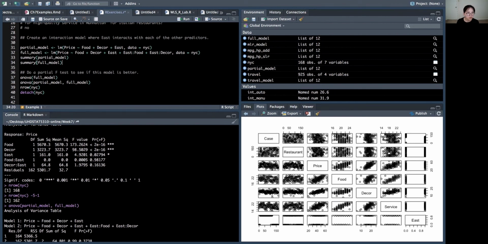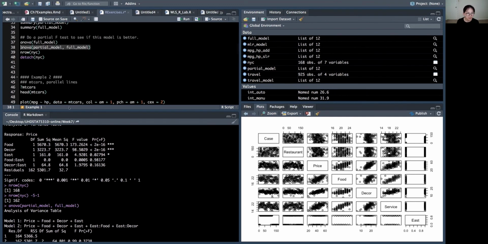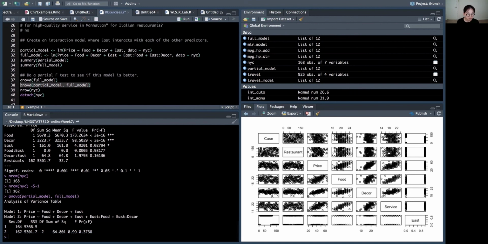This is how you do a partial F-test, find what hypotheses you are testing, and how to get a p-value and make the decision according to the output.